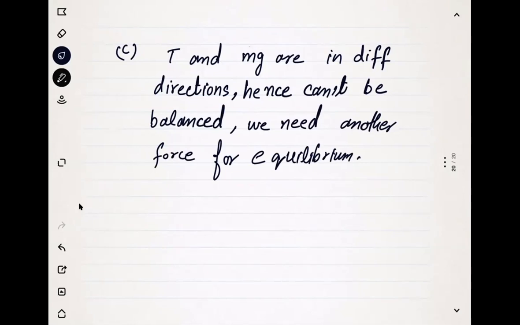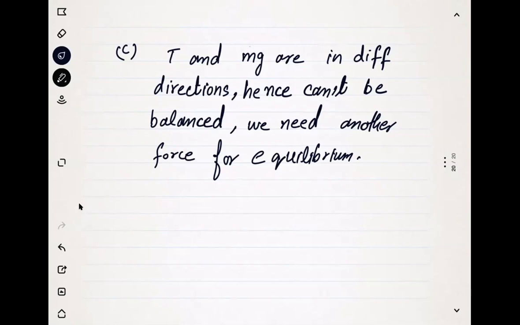Because the already existing forces cannot give an answer of 0 newton, they could be in different directions. So forces which are in different directions have to be added to give a 0 force. T and mg are two forces which are in different directions and can never cancel out each other.